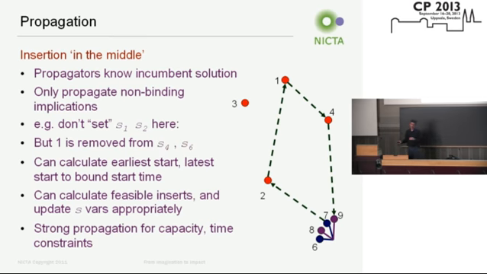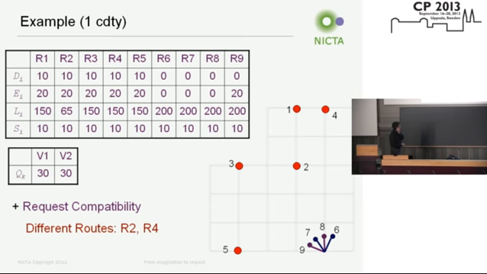We can calculate earliest start and latest arrival times, and we can calculate what visits are still feasible and propagate those back into the domains of the appropriate variables. So I'll show you what I mean by that.